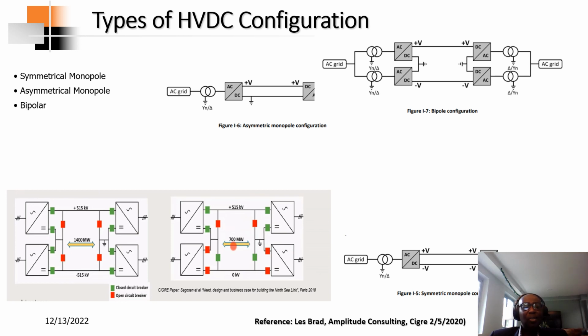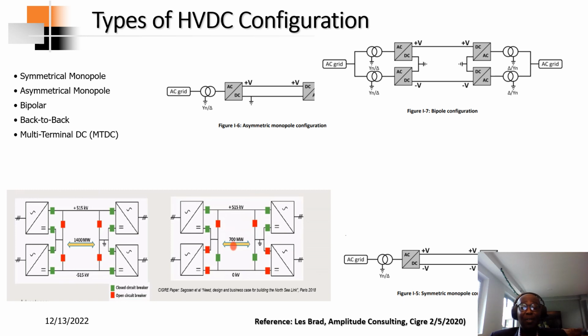Now let's talk about the types of HVDC configurations that we have out there. We have the monopole configuration, which can be either symmetric monopole or asymmetric monopole. We can have the bipolar configuration. We can have the back-to-back.